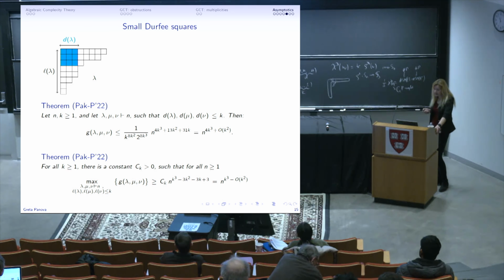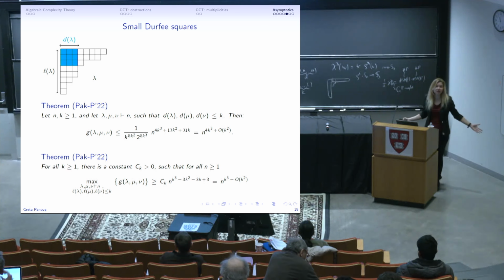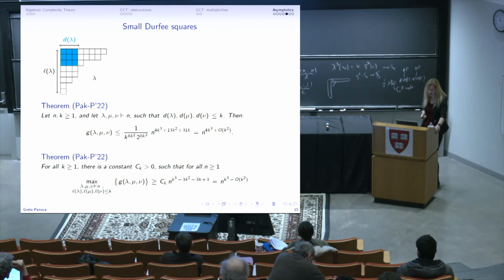And in fact, we can also say that there is going to be some Kronecker coefficient which is at least polynomially large, but again, we cannot say for which partitions this is going to be maximized.